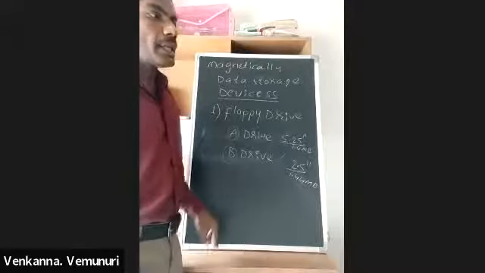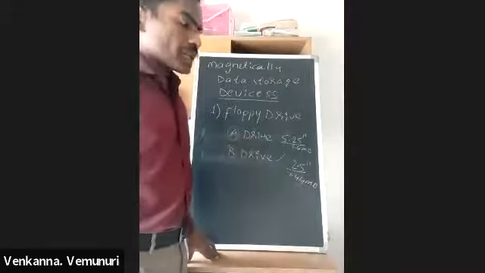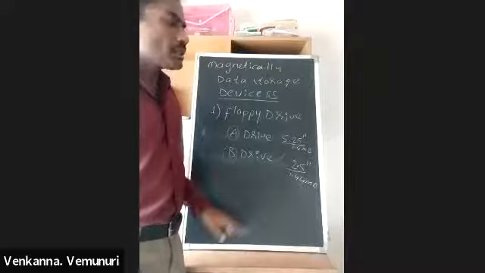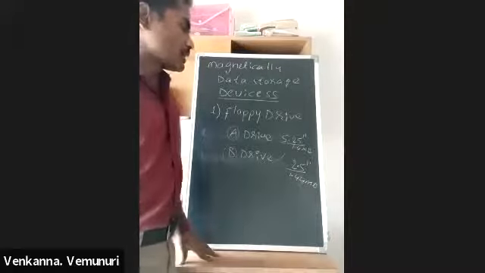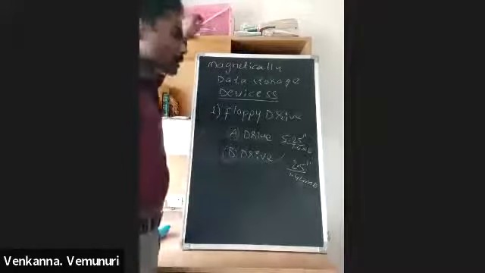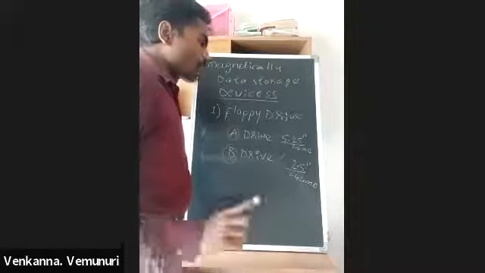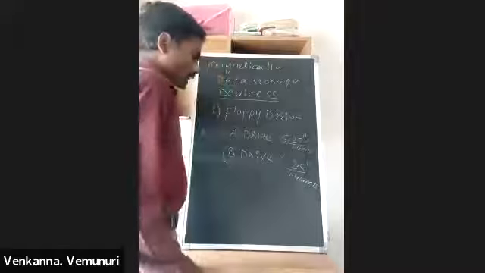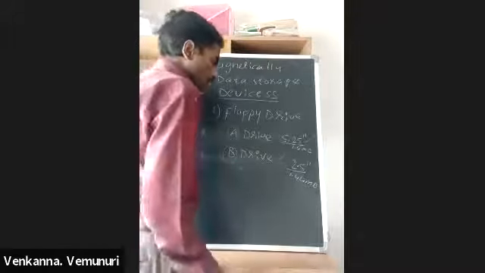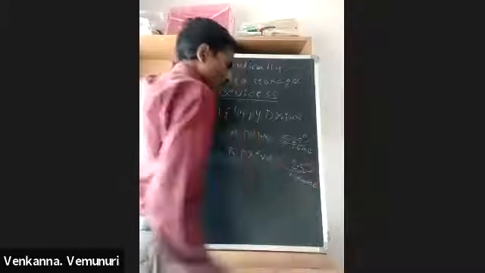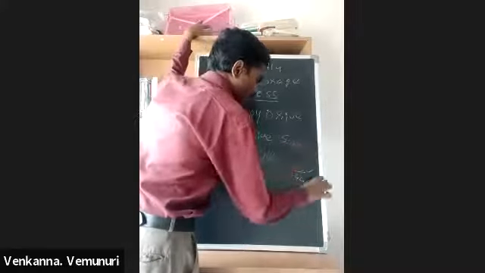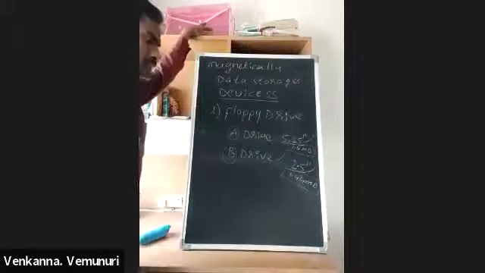So one floppy was used for booting, meaning the operating system, and another floppy for application software, because the floppy capacity is very small. That is the reason we use two floppies.